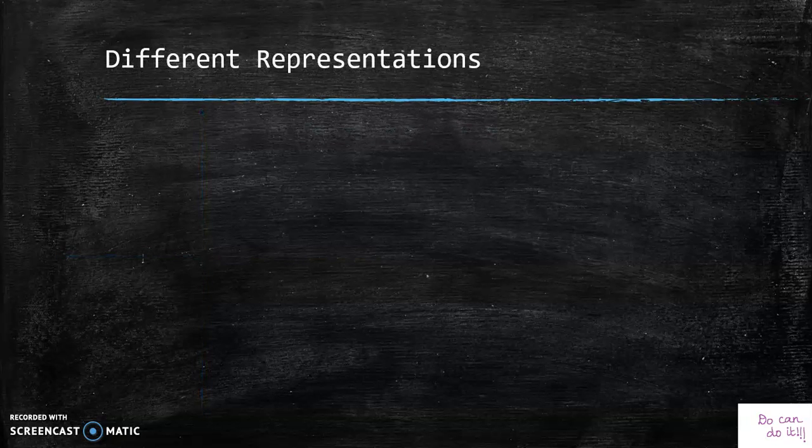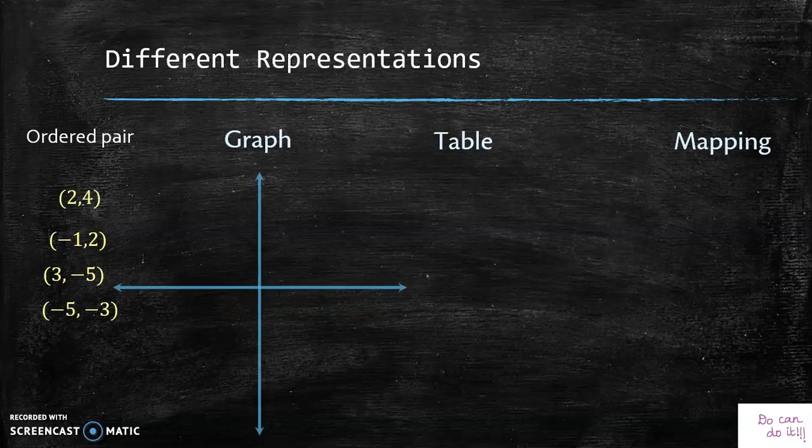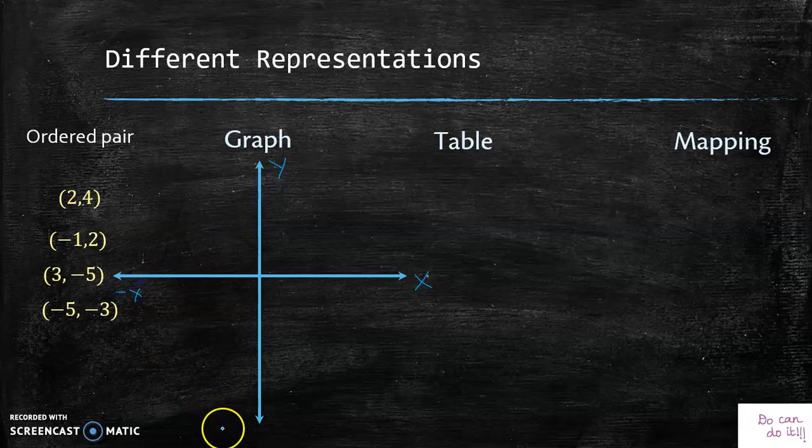Now let's see what are the different representations. The previous slide we saw ordered pair, and then we can use graph to represent a relation. The third method is table and the fourth one is mapping. So ordered pair we have seen previously. So now if I want to plot 2, 4, the first step, mark the axis x, y. This is minus x, this is minus y.